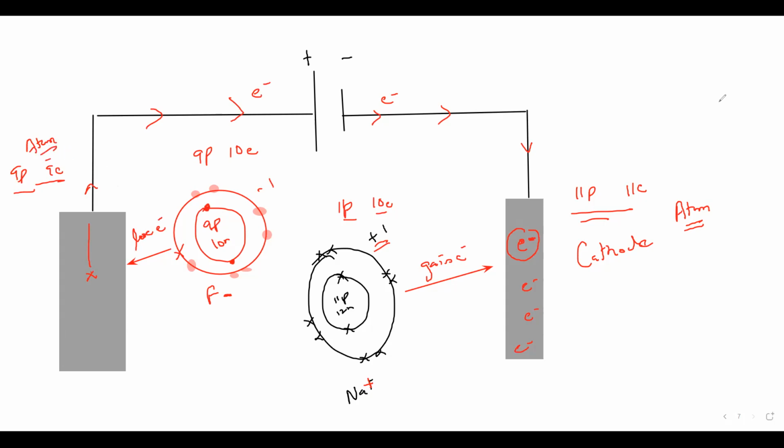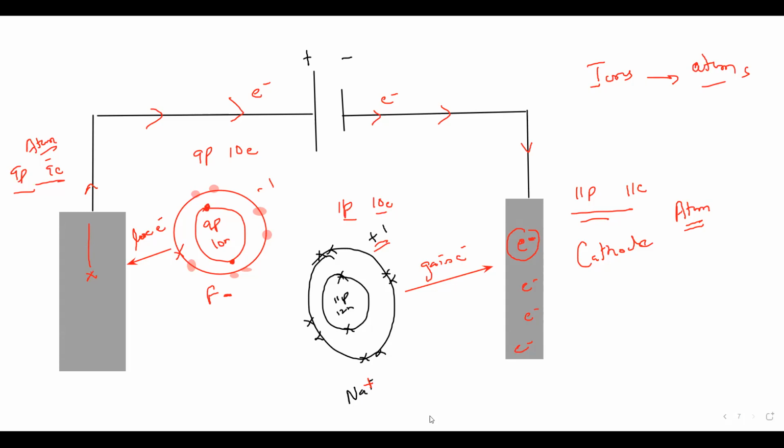So during electrolysis, what will happen? First, the ions will change into atoms. From the starting they were not atoms. From the starting they were ions, because we are using a compound here, and inside the compound we will have positive and negative ions, as it is an ionic compound.